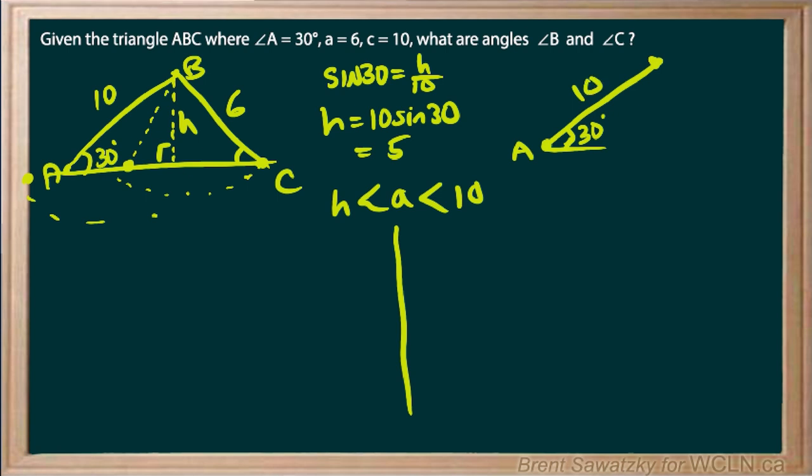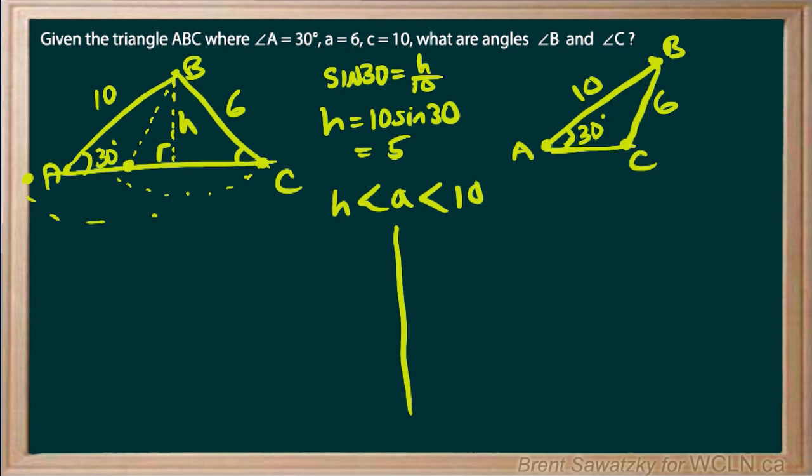And side C is 10, but we end up having side a coming backwards, still 6, but just coming backwards. And this would be B, and this would be C. And so we have two triangles to consider. So first of all, let's consider that triangle on the left here.